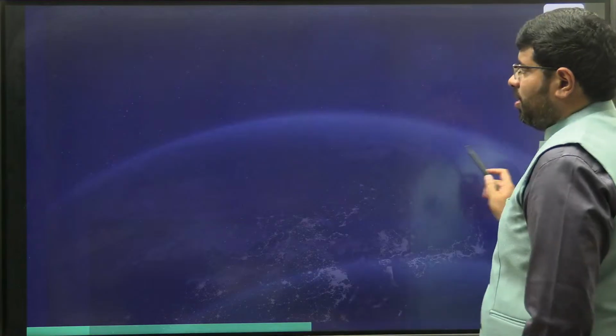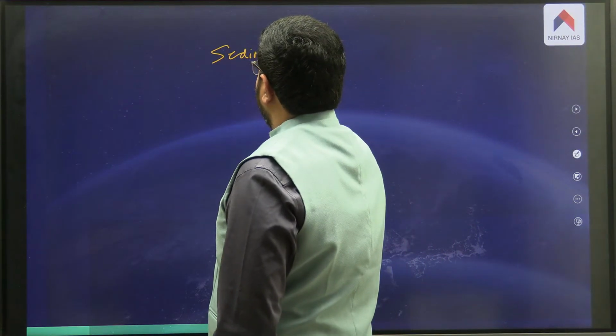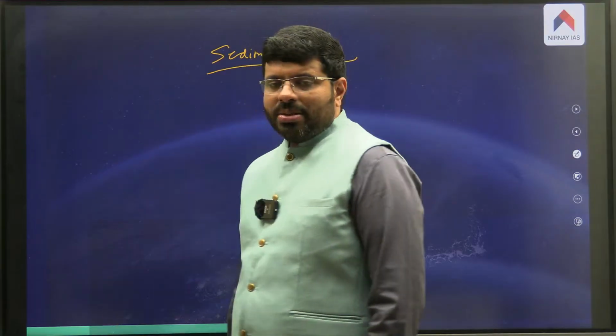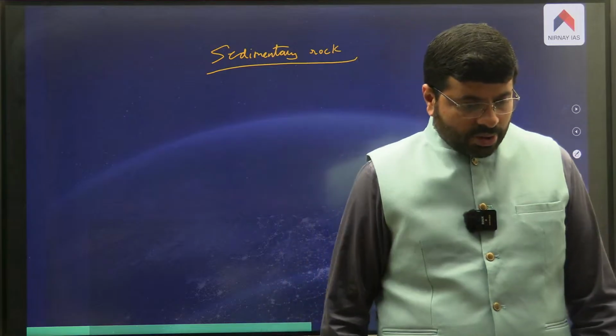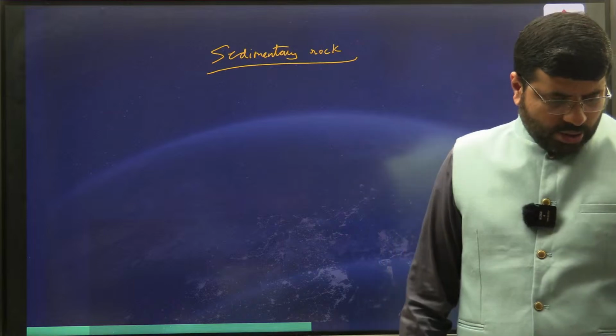Then comes the sedimentary rock. Can you tell me what is a sedimentary rock? Dilip, Hemant, Arjun, can you tell me what is a sedimentary rock?